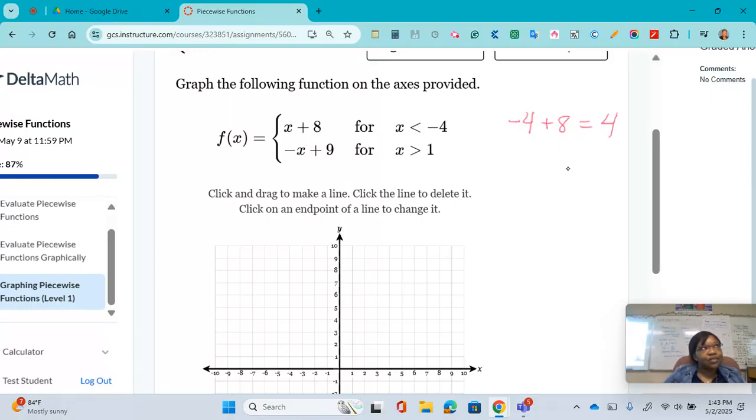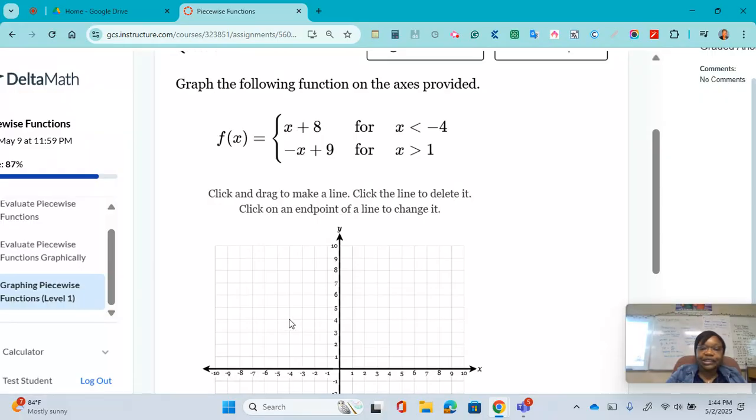So when my x is negative 4, my y is positive 4. That's going to be my starting point: negative 4, 4.